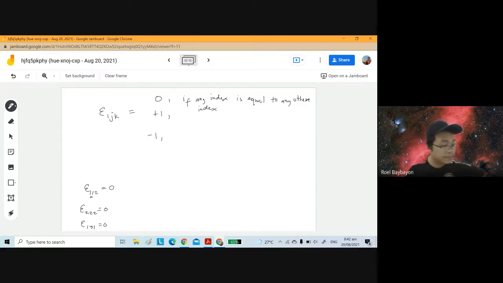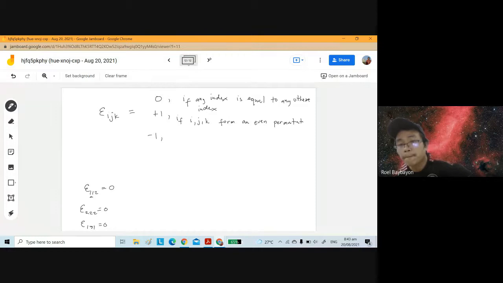When is it 1? It is 1 if IJK form an even permutation of 1, 2, 3. What do we mean by even permutation? It is positive 1 if IJK form an even permutation.